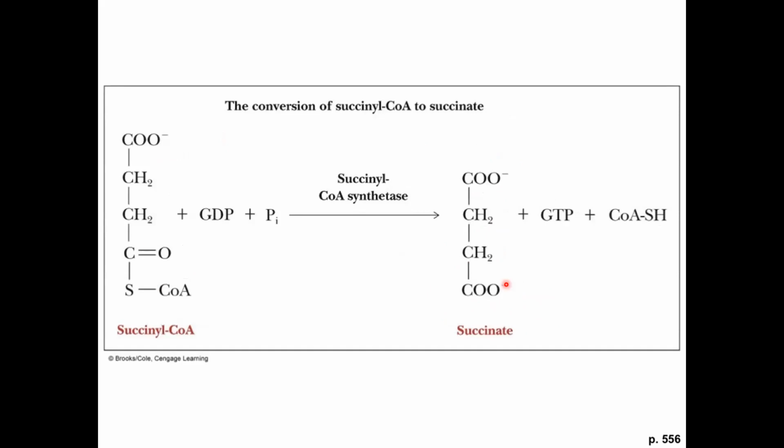So our next reaction is succinyl-CoA to succinate. If you notice this name, succinyl-CoA synthetase is the enzyme that requires this reaction to occur. But the name suggests that in the end you're going to synthesize succinyl-CoA, when actually this reaction was being studied in the reverse, from succinate to succinyl-CoA.